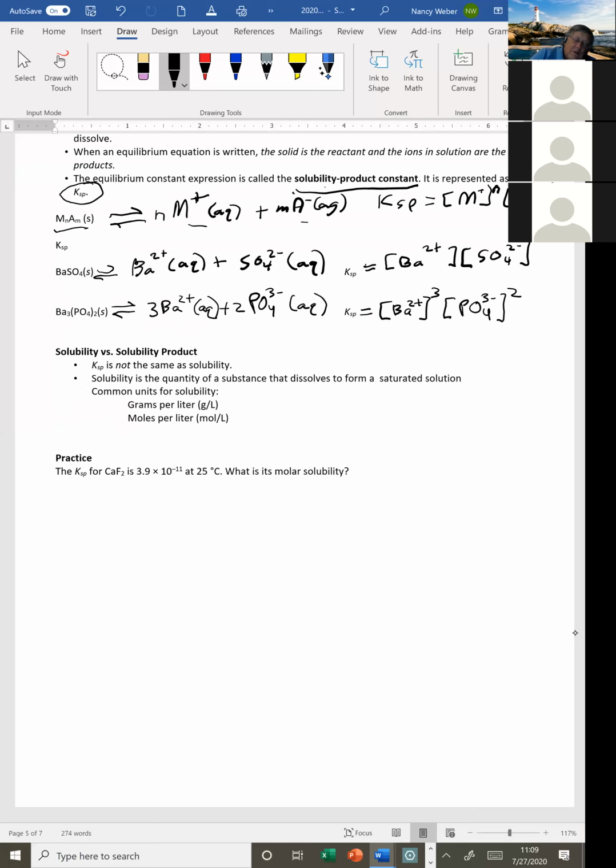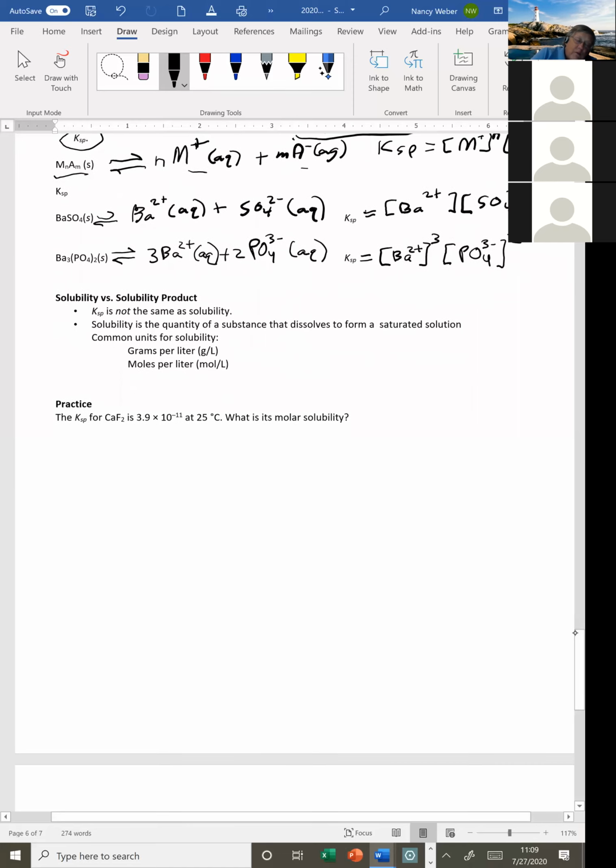So the KSP is not the word solubility. It's the solubility product. But we can use it to find molar solubility. So let's try a problem.